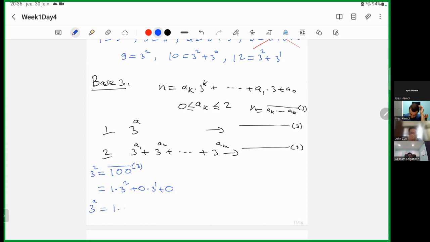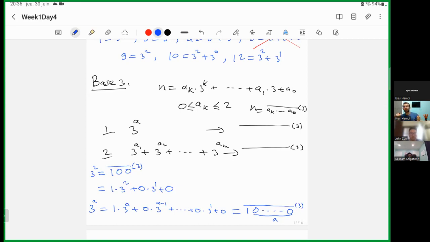This is 1 times 3 to the a plus zeros. So the expression is going to be 1 followed by a lot of zeros. How many zeros? a zeros. So this is the expression of 3 to the a.